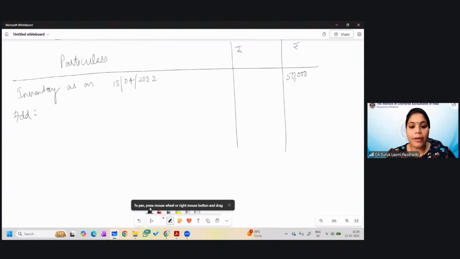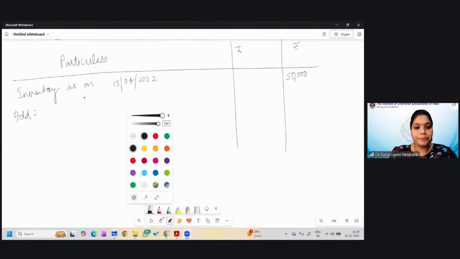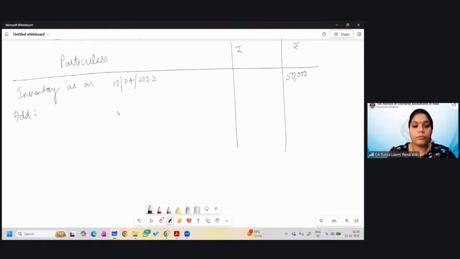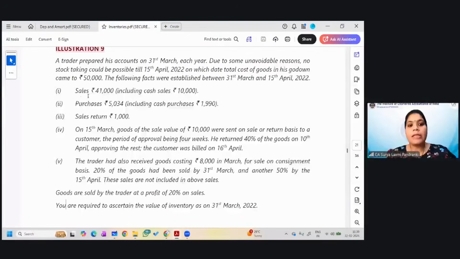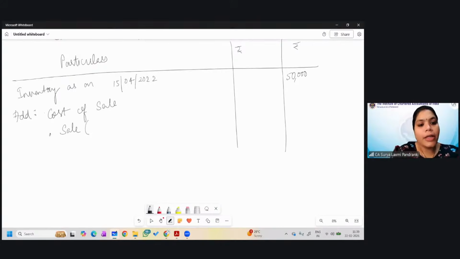We will have to add sales. So cost of sales has to be added back, right? Now, what is the sales value that you have? Sales is 41,000. I'm also considering the sales return. Let us do both of them together. So 41,000 minus 1,000, I think.